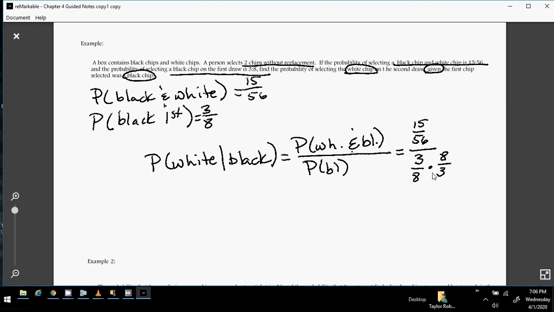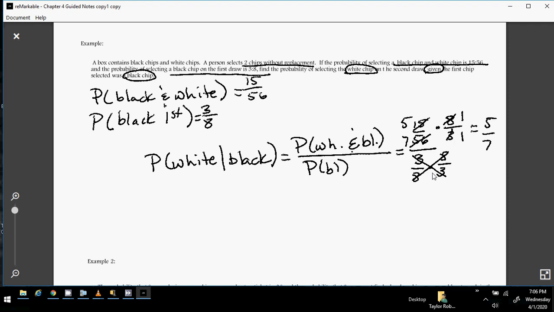So we flip the fraction, multiplying on top and bottom by 8/3. What this does is allows us to cancel out that bottom, and then we can multiply straight across or cross reduce. 8 goes into 56 7 times. 3 goes into 15 5 times. And so this comes out to be 5 sevenths.